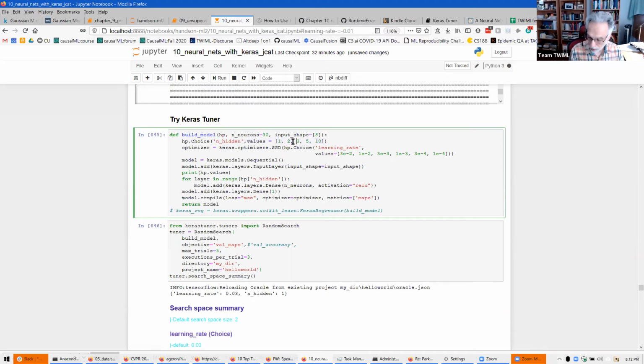In our case, we already know that 30 is probably a good upper limit. We can give it values for the learning rate as well, and we know that that's too low. Sorry, I did something wrong. These are in decreasing order. So 3 times 10 to the minus 2. I guess we could make 10 to the minus 1.